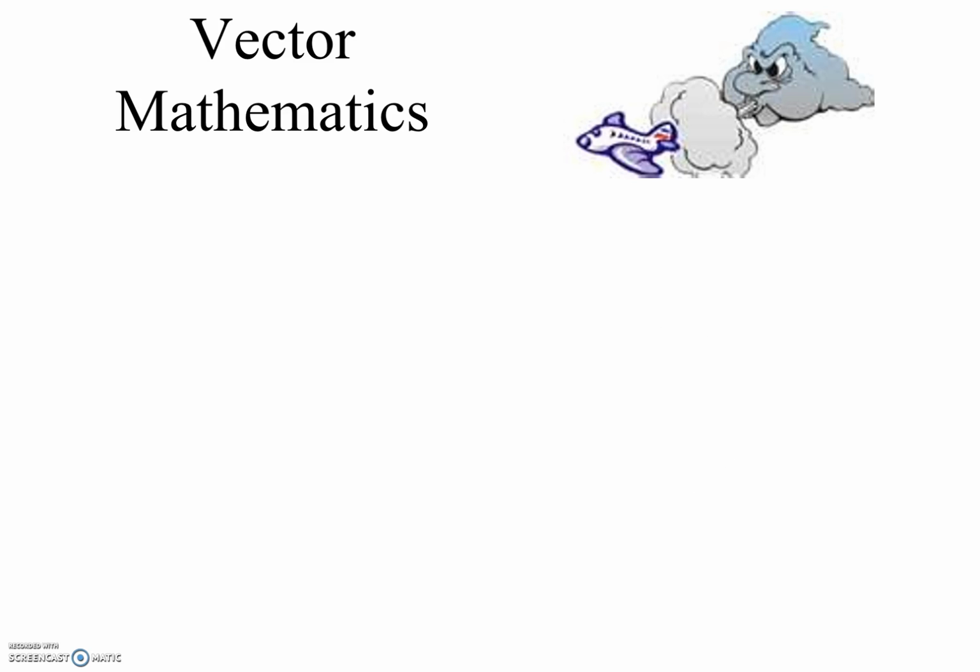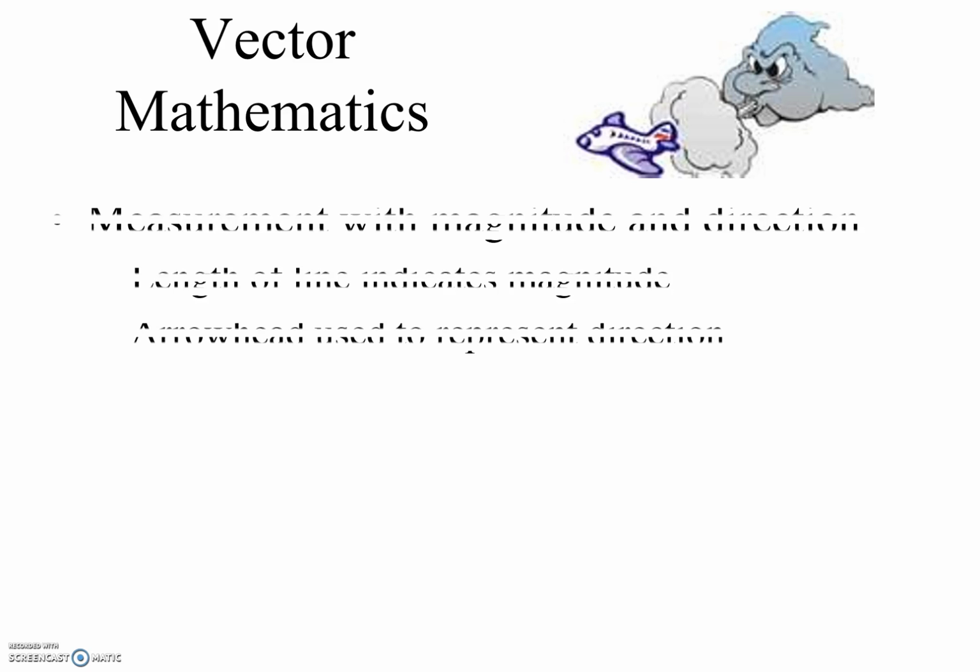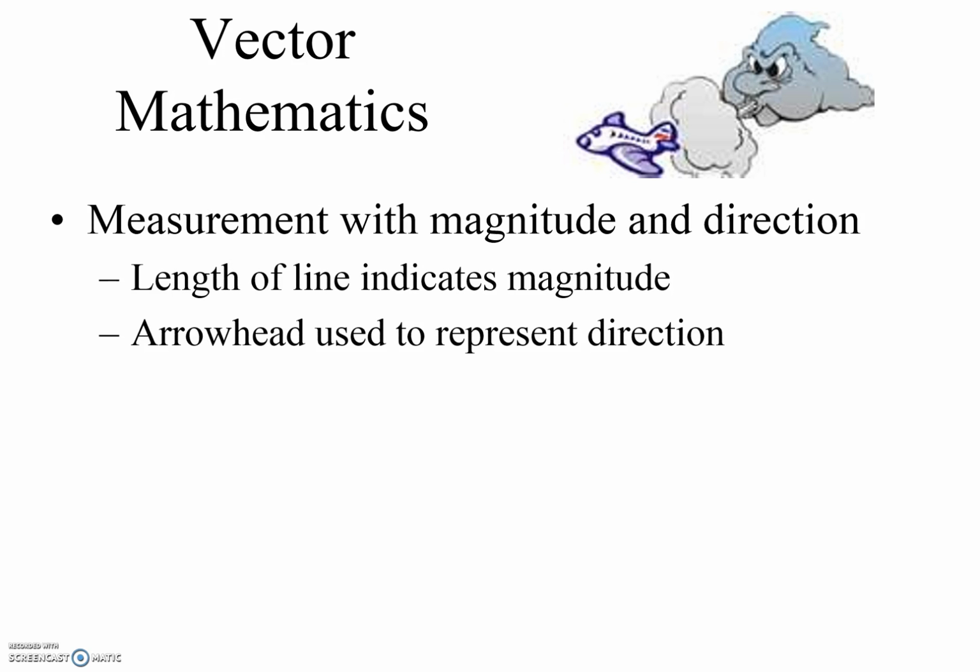So let's talk about vector mathematics. When we deal with vectors, we have a magnitude and a direction. The length of the line indicates the magnitude of the value, and the arrowhead represents the direction of that vector.